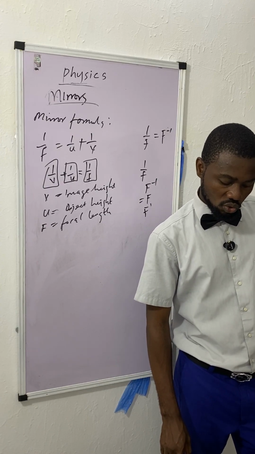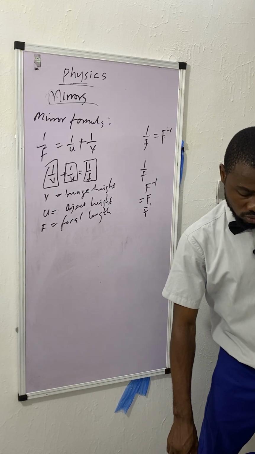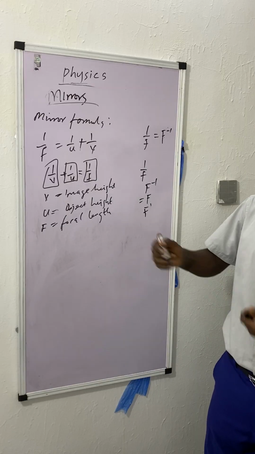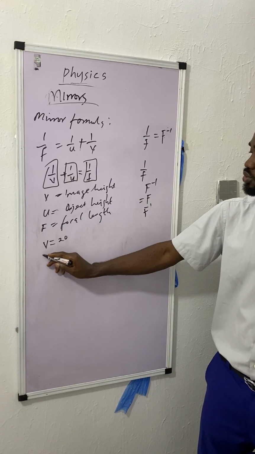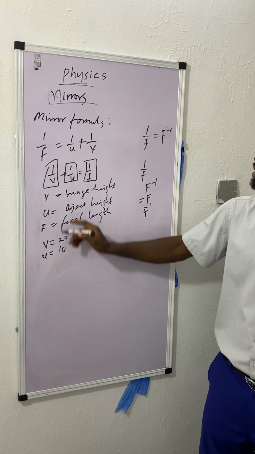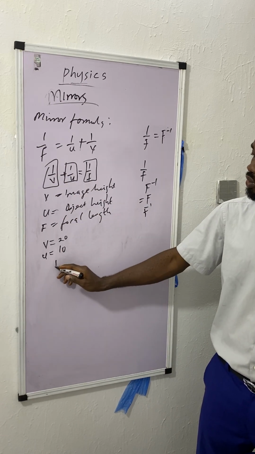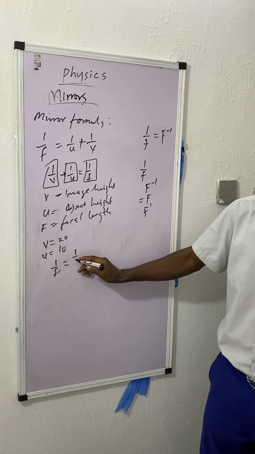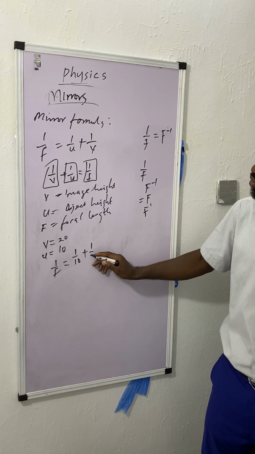So let's say you want to use this lens formula to solve, going to refraction of light straight up. For example, let's say v, which is image height, equals 20, object height u equals 10. They ask you to find focal length. The fastest way: 1 over f equals, we substitute into this formula, 1 over 10 plus 1 over 20.